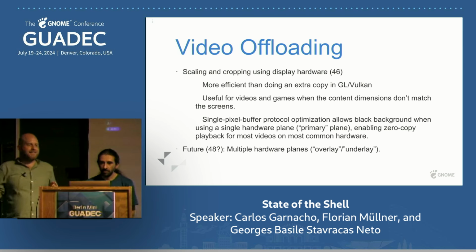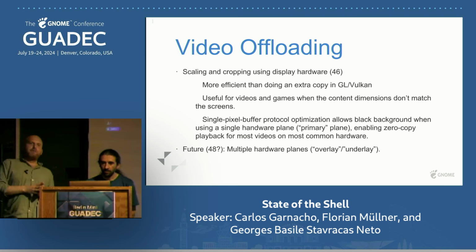And there's a dedicated Wayland protocol, which also has other usages, but especially for that it's very useful to say, hey, I want to create a black area. And if a client does that, and on top of that there is content, either video or a game or something, which is smaller, we detect that and can use the display hardware again to show the content on a single hardware plane.